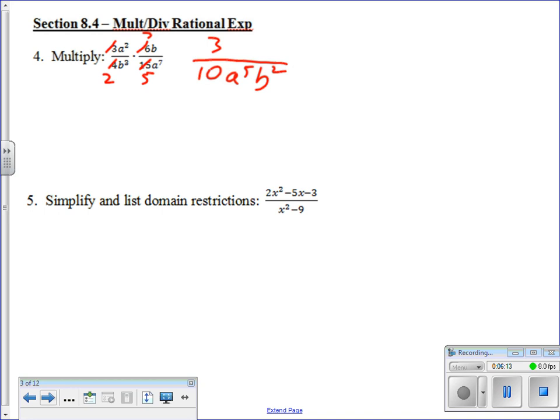That's that. It does not ask for domain restrictions, so I don't need to worry about it. But if it did, my domain restriction says that a and b cannot be 0. Okay, but it doesn't ask for any domain restrictions on that particular problem, but if it did, that would be it. The next one does ask for domain restrictions.